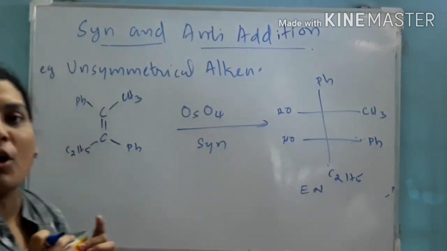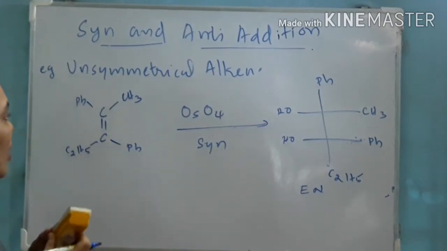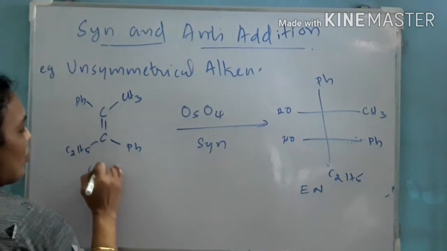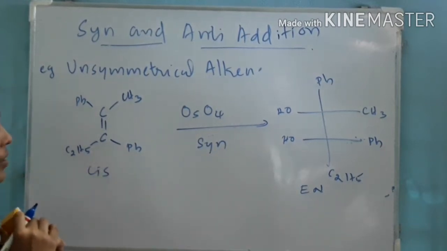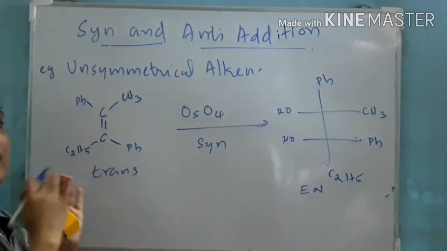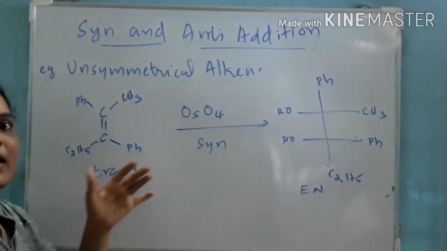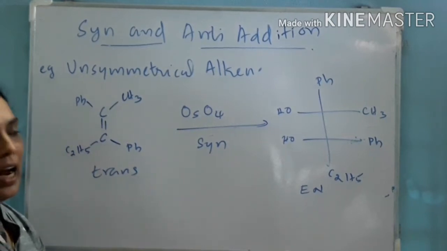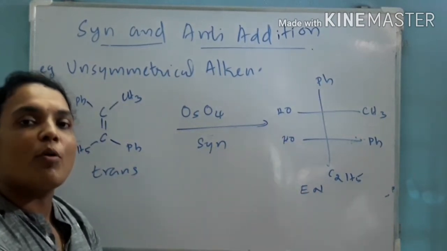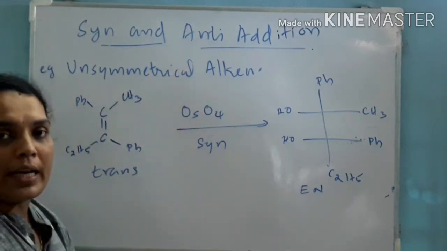It is not a meso compound, it is an enantiomer. Now let us see. So this is cis and this is a trans isomer. Cis and trans isomer undergo syn addition, that we discussed. Both products formed are enantiomers in the case of unsymmetrical alkene.